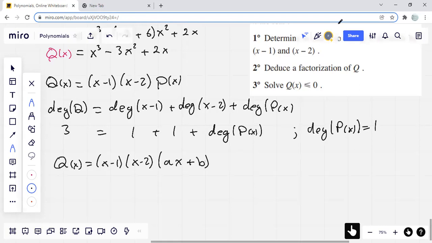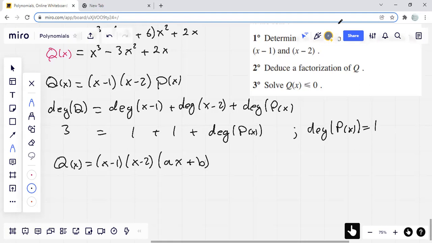Okay, this is the general form of a polynomial of degree 1. Now we can multiply all the coefficients and continue as usual, but they asked us to deduce a factorization. Okay, so we will do the deduction in 2 ways.